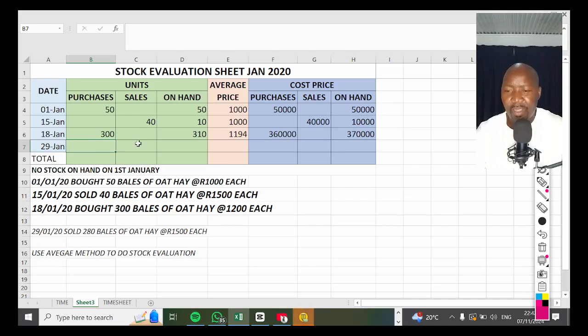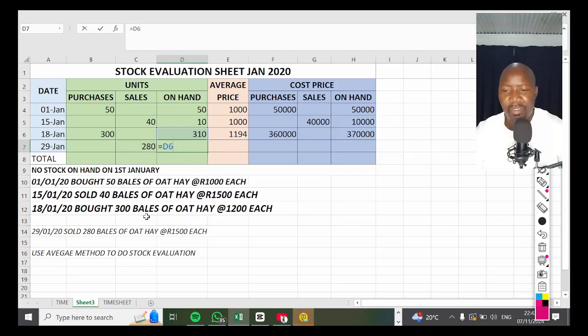So when we sell, remember, you don't have to stress about averaging, because you use the warehouse price. So when you sell, we're going to sell 280, and then you always close your side. Opening balance on hand minus the stock that we just sold, because we are selling.